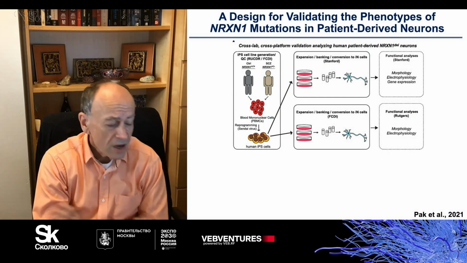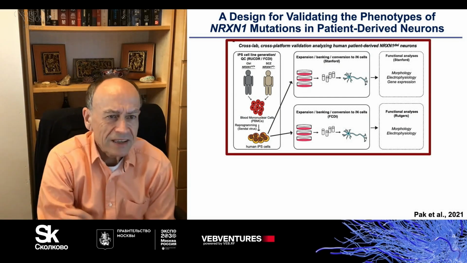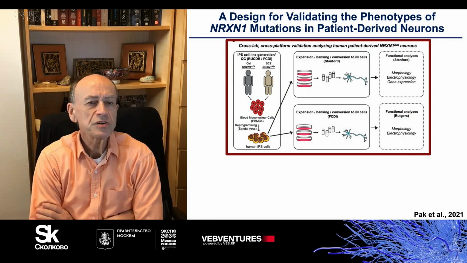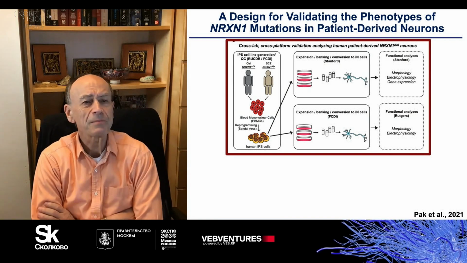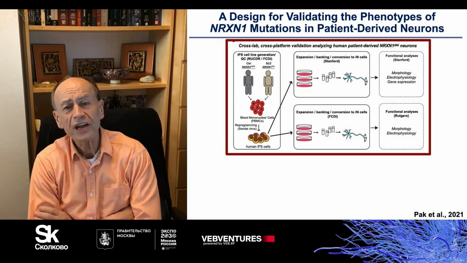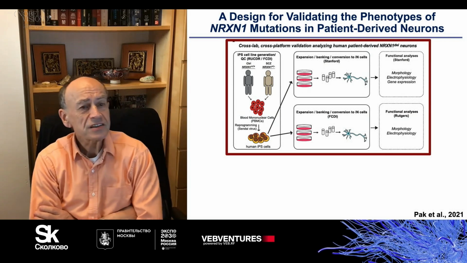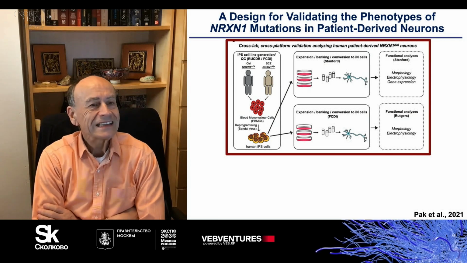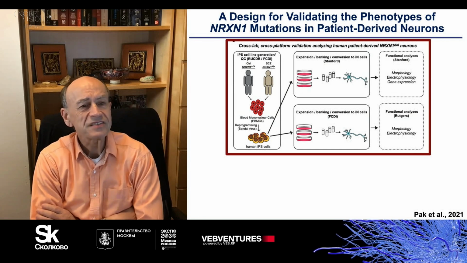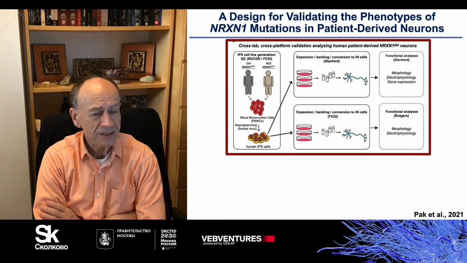And so to do this, we performed the following design. We used a cross-lab, cross-platform validation and analyzed human patient-derived neurexin-1 deleted neurons. We obtained pairs of ES and IPS cells from patients, from human patients and control subjects.